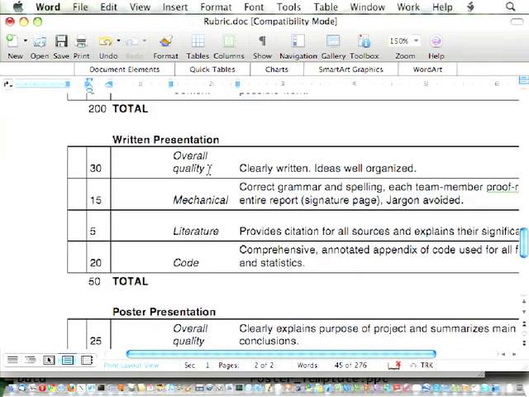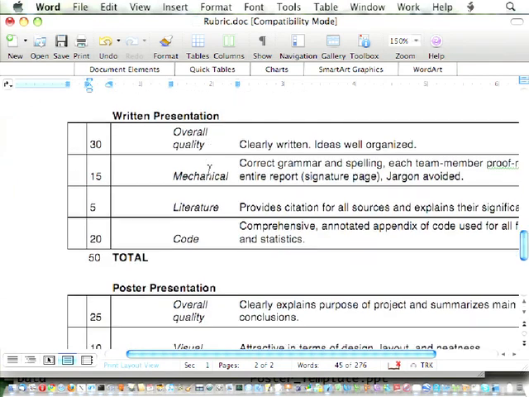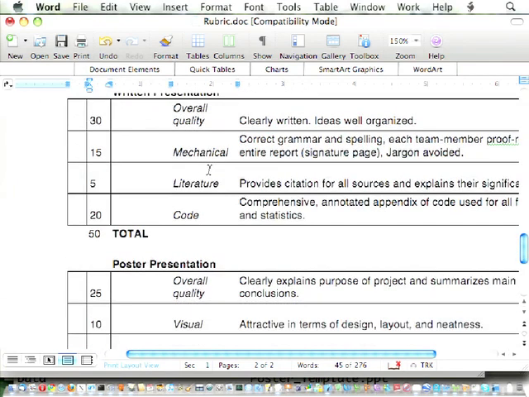Then in addition, there's the written presentation and the poster presentation, and I know they don't add to 50. The 50 is the total you can get, and the way it's working is that's the deduction, and that's because if you have a really poorly written report, it doesn't matter what you've done, it's impossible to read and understand, and you'll lose.